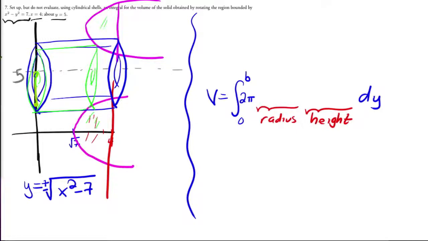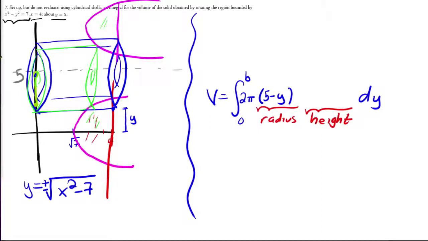I'm trying to find the length of this green line here, an expression for it. Notice that this green line is at whatever y is. So if I'm at this point, the distance from here to here is y, and the whole thing is 5. So that means my radius is going to be 5 minus y.